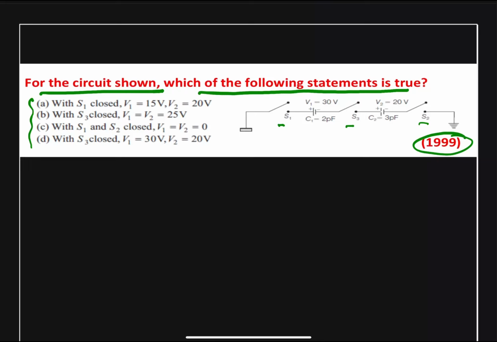And we have to remember that for the capacitor to charge or discharge, the circuit has to be complete. For example, if we have a parallel plate capacitor and there is a switch, something like this, and if this switch is open, then there will be no change in the capacitor.